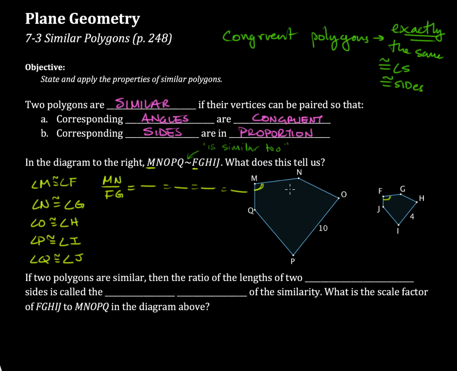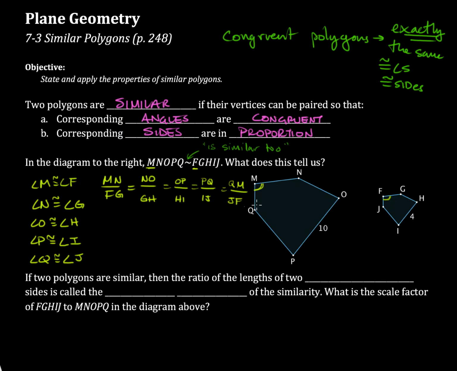It'll equal the ratio of NO to GH, and the ratio of OP to HI, and the ratio of PQ to IJ, and finally the ratio of QM to JF.